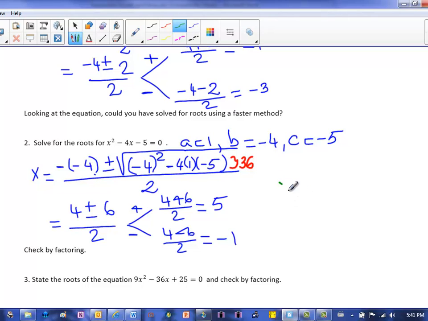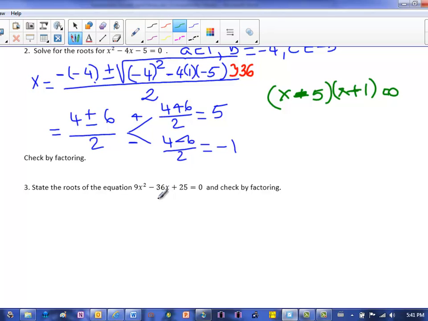By factoring we have x minus 5, sorry, I'm making a mistake here, x minus 5 times x plus 1 equals 0. Again, x minus 5, because we have negative 4x, so x minus 5x gives us negative 4x.